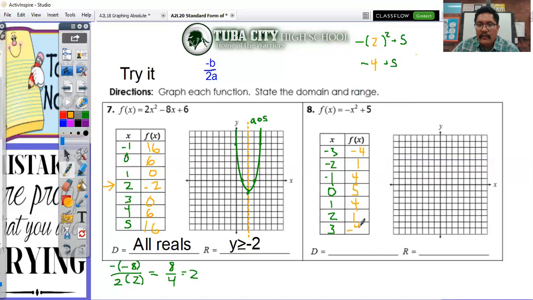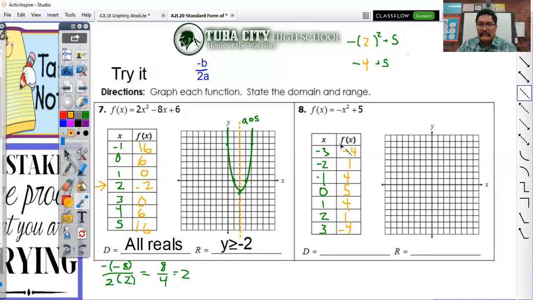And -4. And again, if you're doing this right, you should be able to just mimic your table on that side. But I would suggest you play it safe and don't do that. Solve all of them. In case something happens, like you forgot to put a negative in, and if you get any shape other than a parabola, then you probably did something wrong.